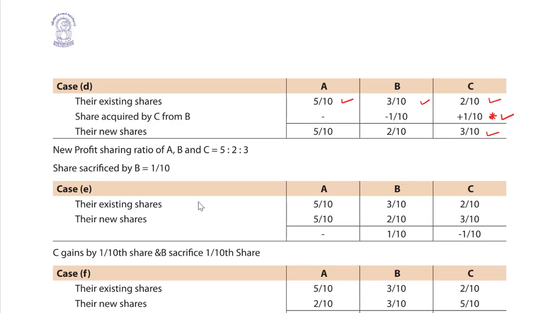Share acquired by C from B is 1 by 10. In case of B, 1 by 10 is deducted from the old share. So 3 by 10 minus 1 by 10 is 2 by 10. So their new shares will be 5 by 10, 2 by 10 and 3 by 10. The new profit sharing ratio of A, B and C is 5 is to 2 is to 3. Share sacrificed by B is 1 by 10.